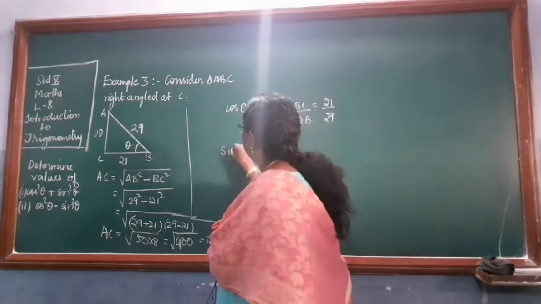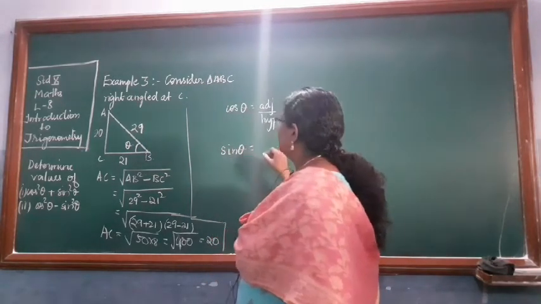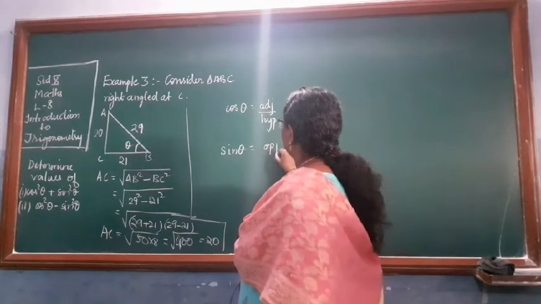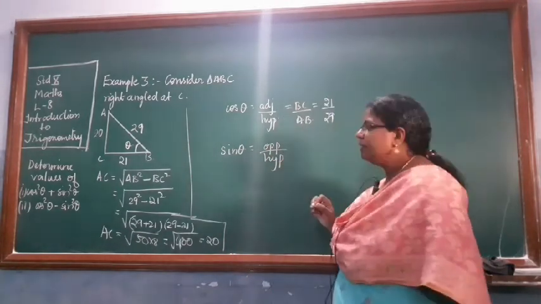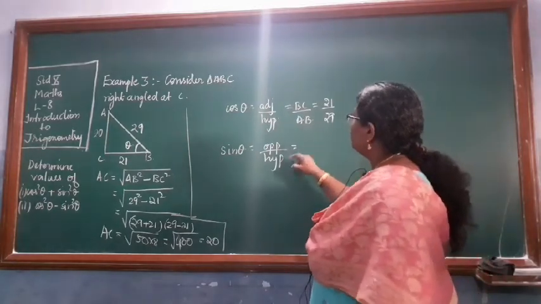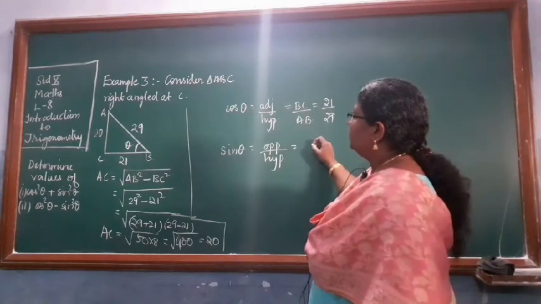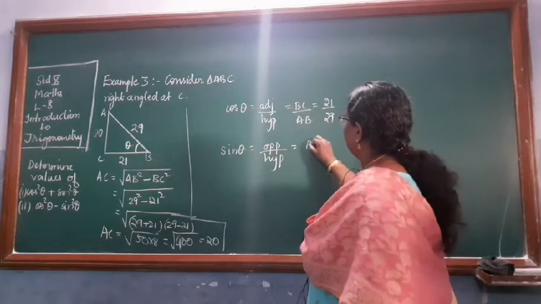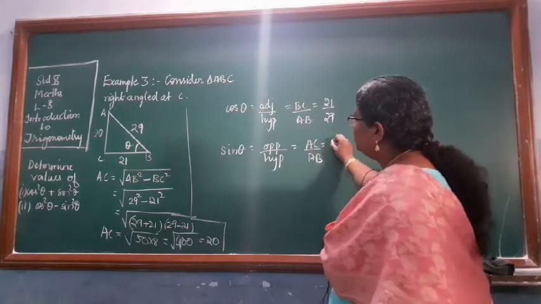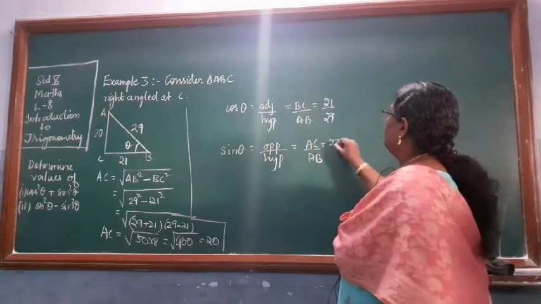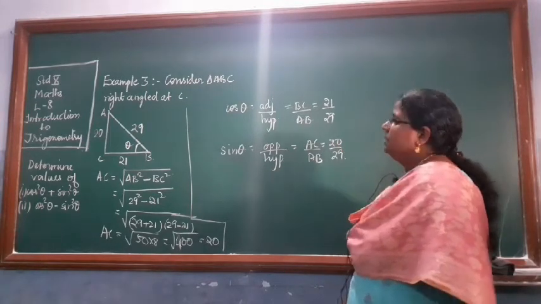Then you find sin theta. Sin theta is opposite upon hypotenuse. The opposite of angle theta is the side AC by AB. So that is equal to 20 by 29.